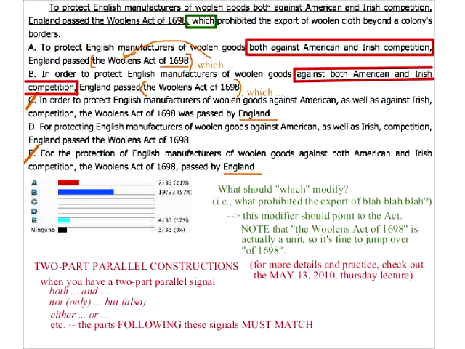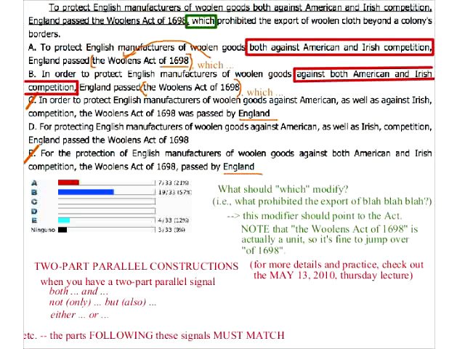So if you have both X and Y, the X has to match the Y.